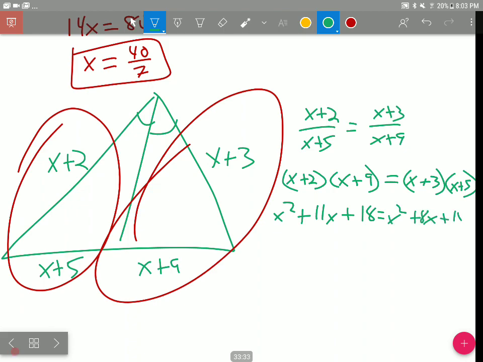plus 15. The x squareds cancel out, which is okay. So subtract the 8x, that's 3x equals... Ooh, this may be a bad problem.